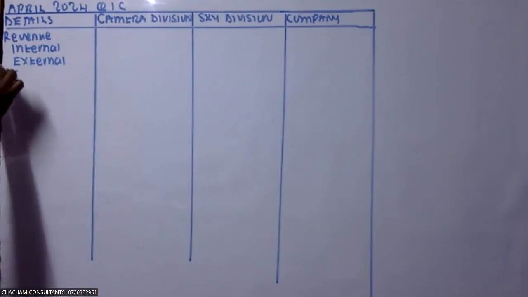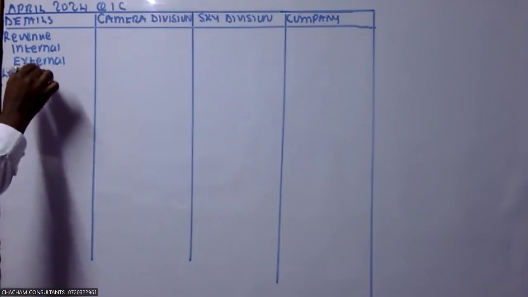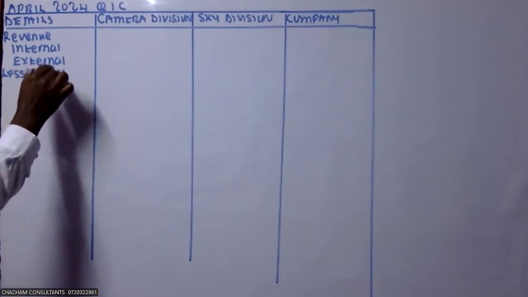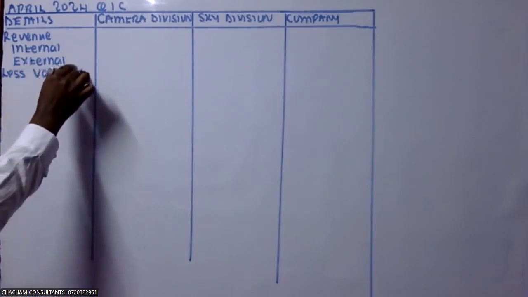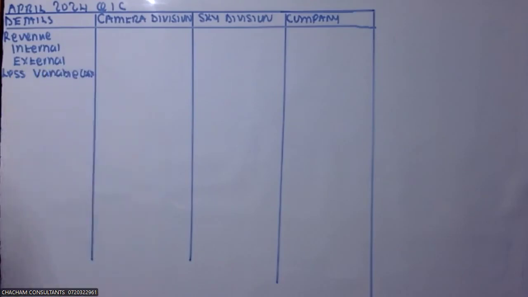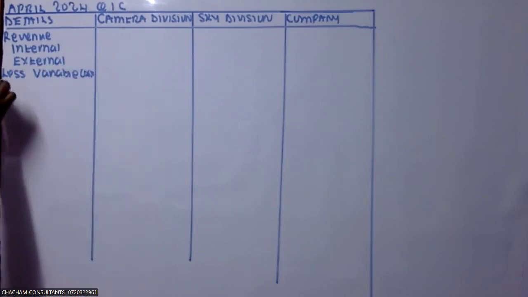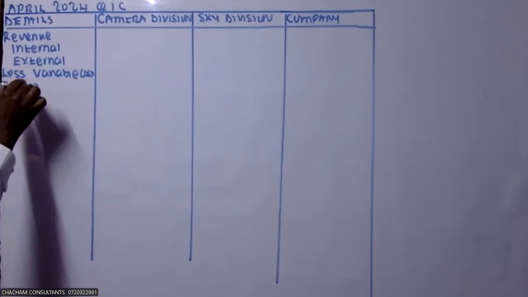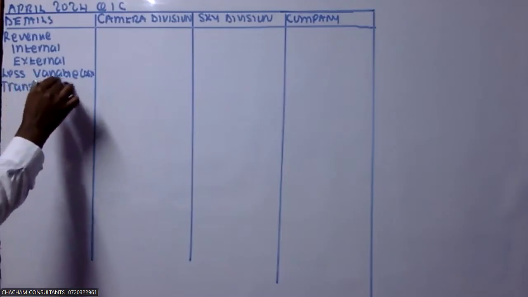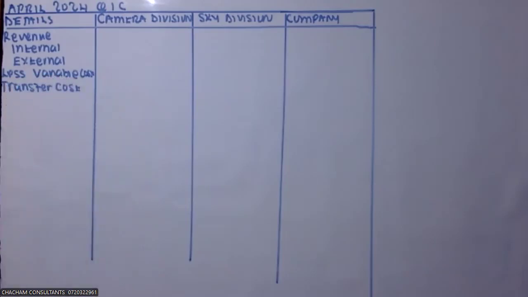Then we less variable costs. So the first one is the transfer costs.